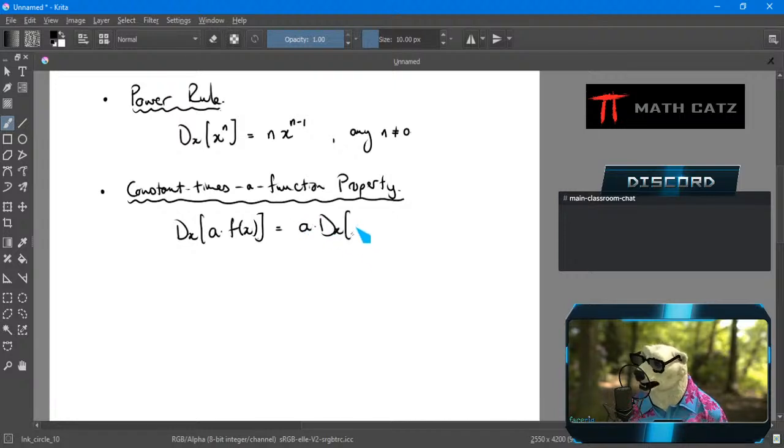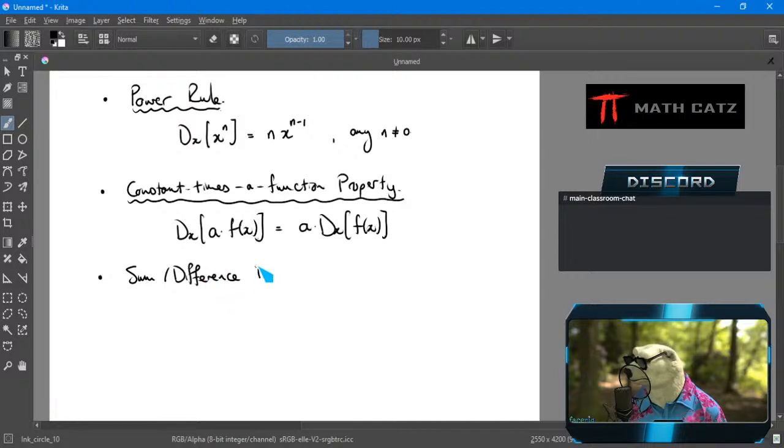And then I just need to look at the derivative of what I call the essence of the function. The x portion is where the function is really made. But I need this property. It should have a name. I wish it did. Then I also have the sum or difference property.